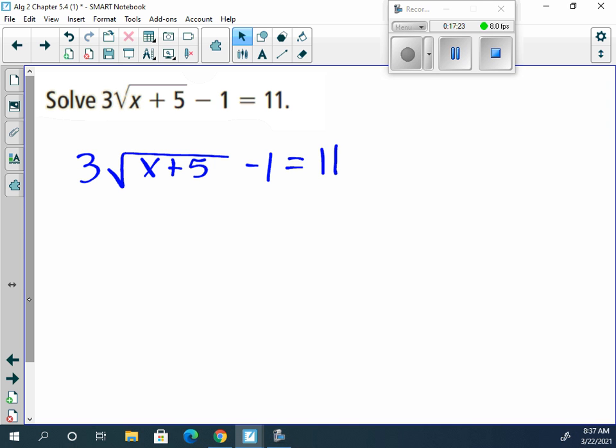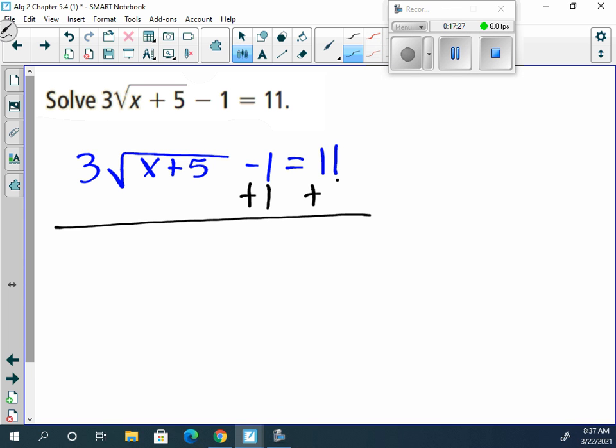So let's add 1 to both sides. Negative 1 plus 1 will cancel, leaving us with 3 times the square root of x plus 5 is equal to 12, because 11 plus 1 would give us 12.